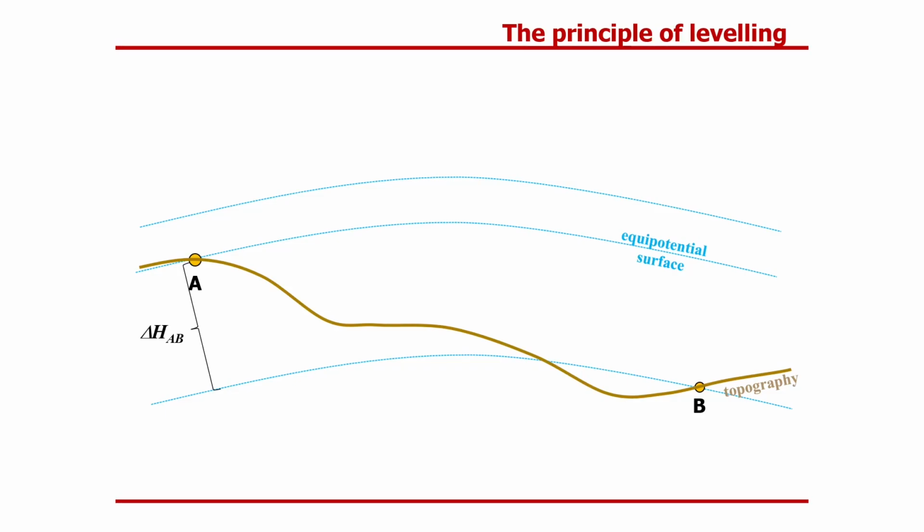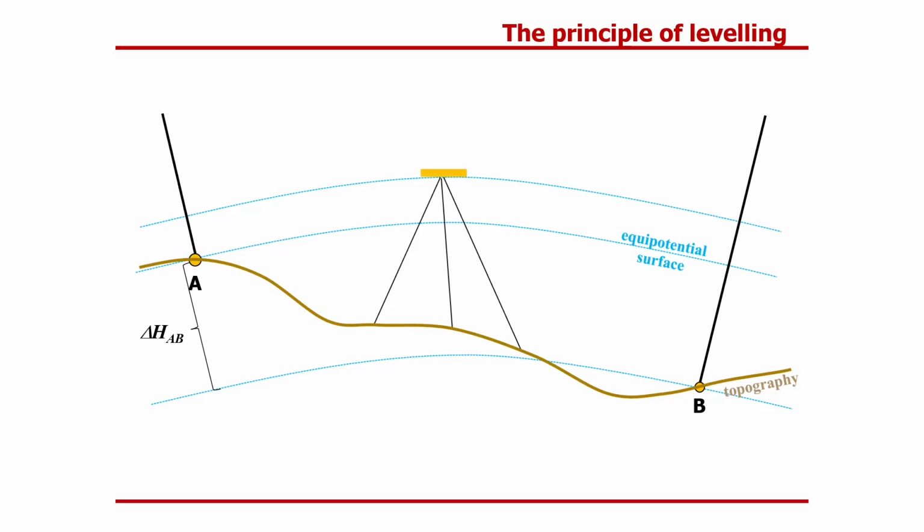Then we need to measure the height difference between points A and B. We use normal lines to equipotential surfaces; these normal lines are plumb lines.